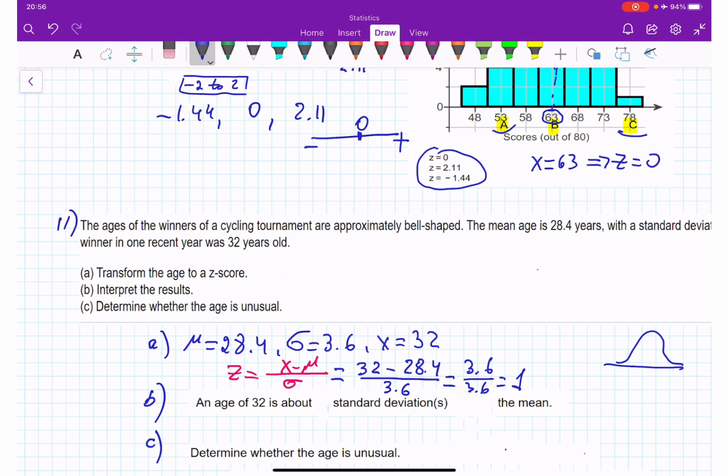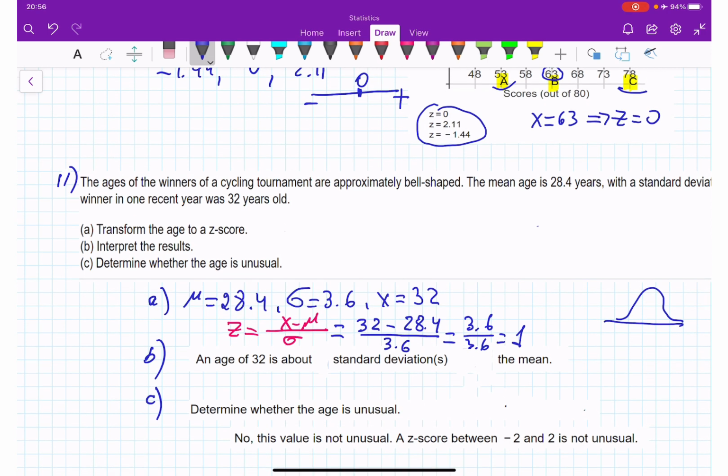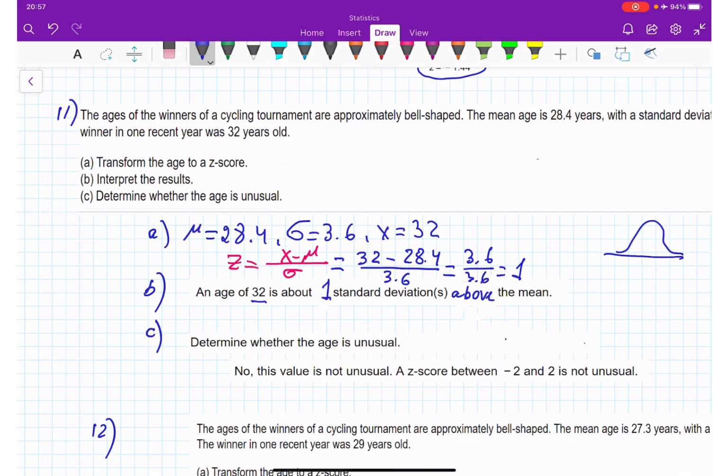Okay, question B, interpret the result. A z-score shows how many standard deviations. So if it's 1, then an age of 32 is about 1 standard deviation above the mean. Why above? Because it's positive. If it would be negative, then it would be below the mean. Now determine if this age is unusual.